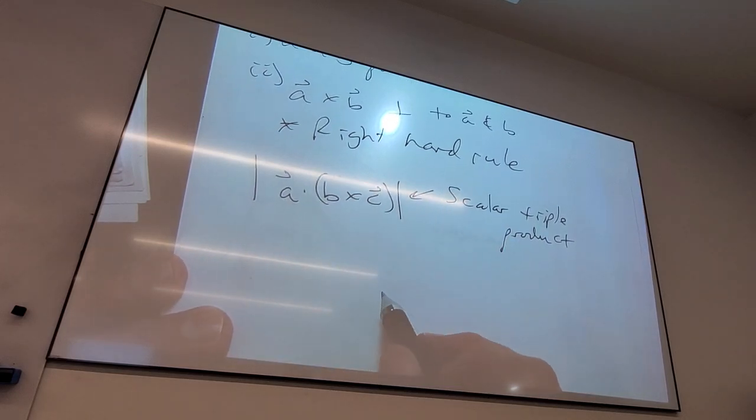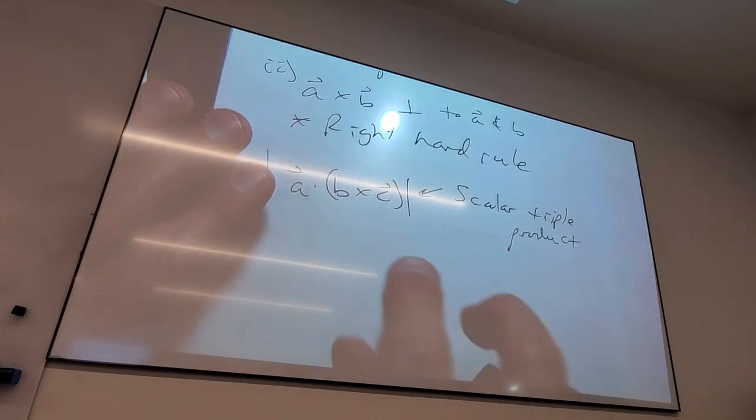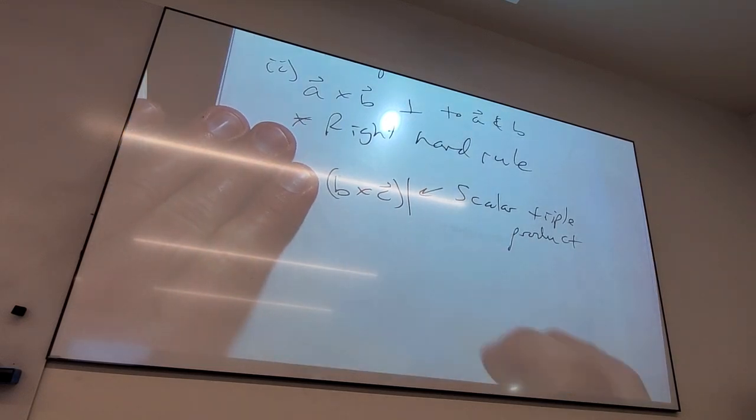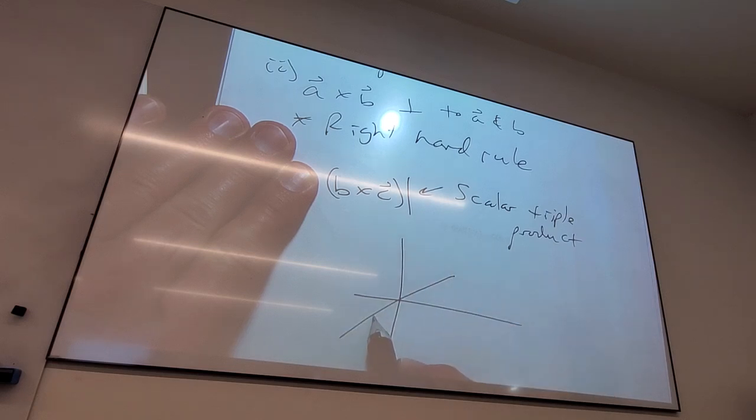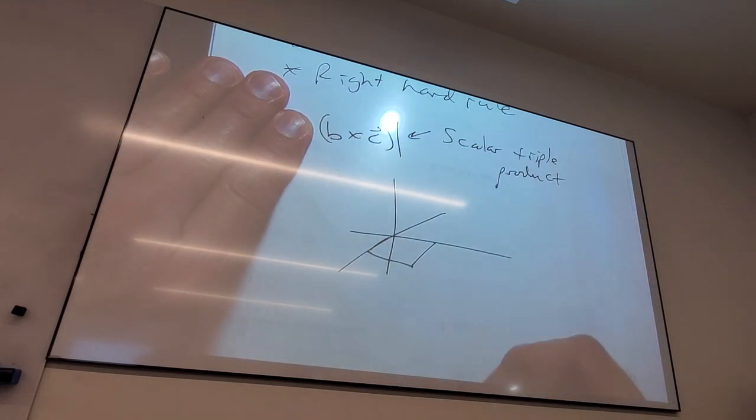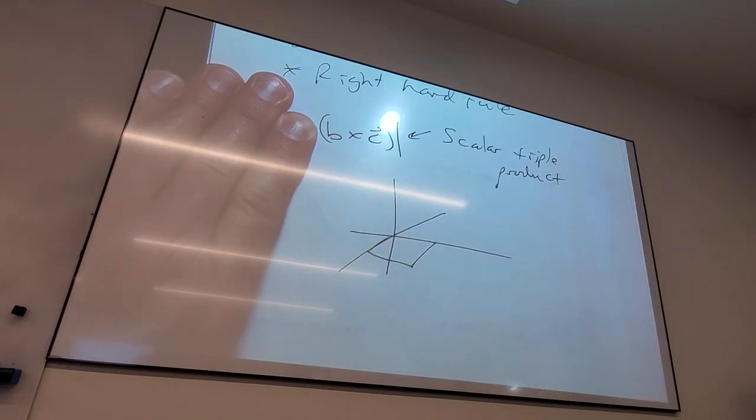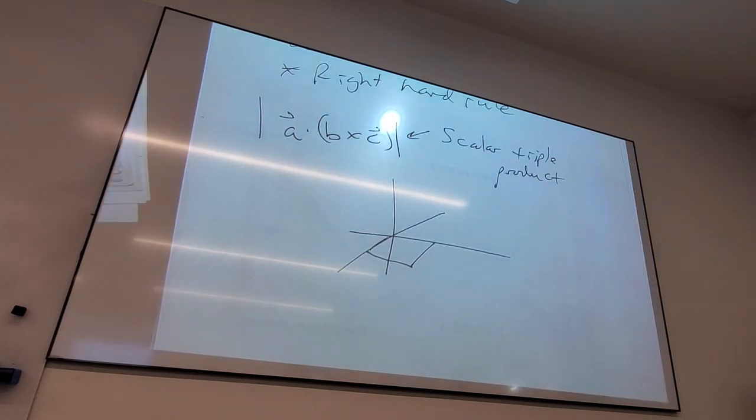Remind me, the length of B cross C is the area of the parallelogram described by B and C, yes?